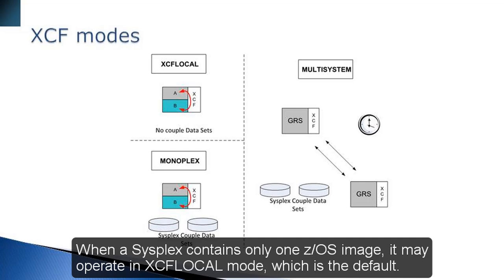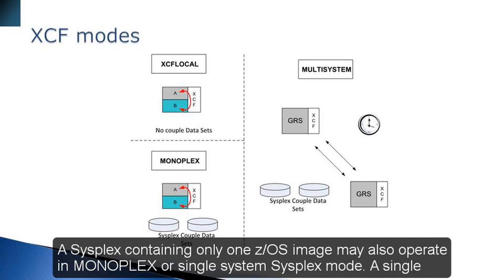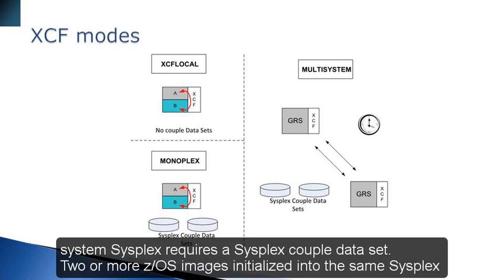When a Sysplex contains only one z/OS image, it may operate in XCF local mode, which is the default. A Sysplex containing only one z/OS image may also operate in monoplex or single system Sysplex mode. A single system Sysplex requires a Sysplex couple dataset.